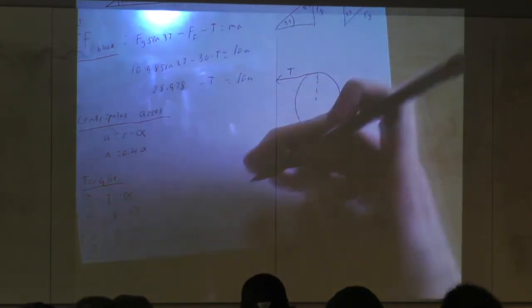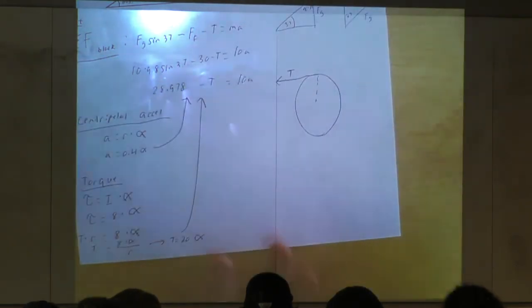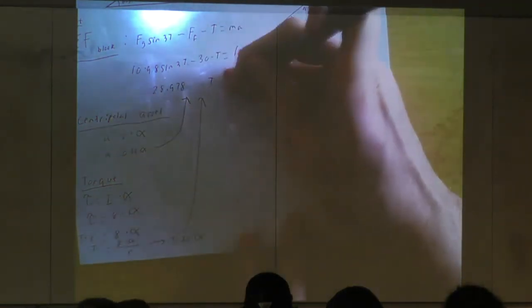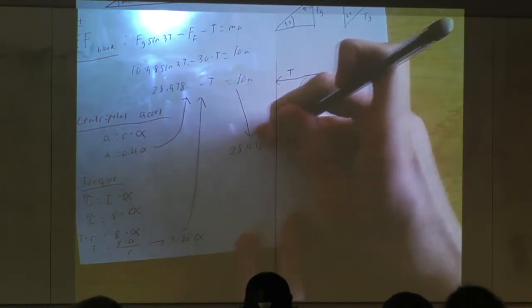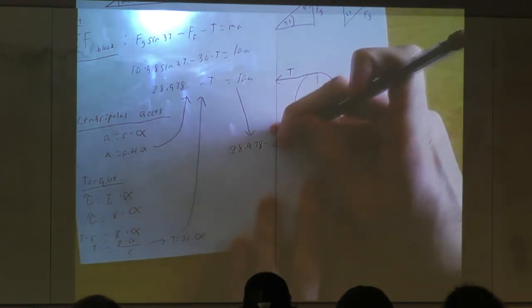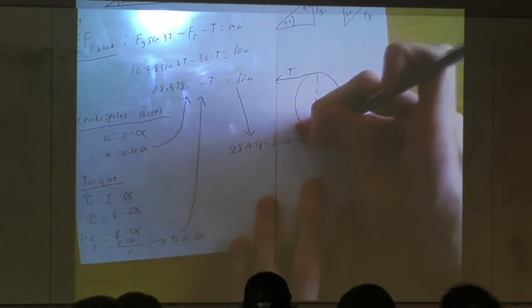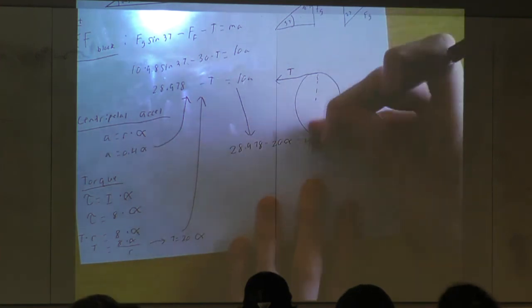So now we plug this into here, and we plug this into here. And then I'm going to just draw that down here. 28.978 minus 20 alpha is equal to 4 alpha. And I just wrote A.